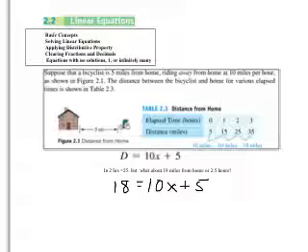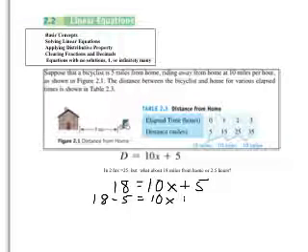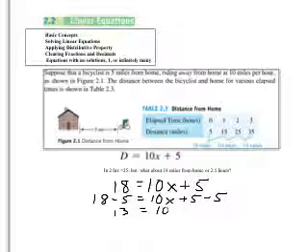So we want to get our x alone, so let's subtract the 5. Okay, we'll subtract 5 from both sides. So we've got 18 minus 5 equals 10x plus 5 minus 5. Okay, so the left side is 13, the right side is 10x. Alright, and so now we'll divide both sides by 10.